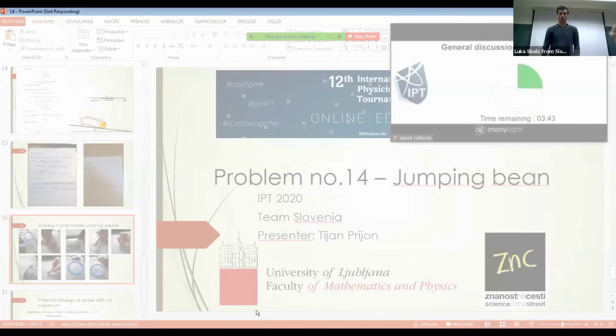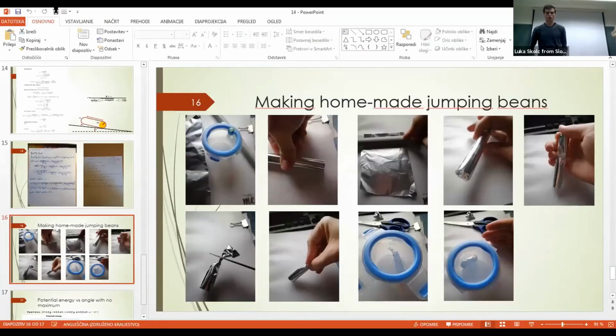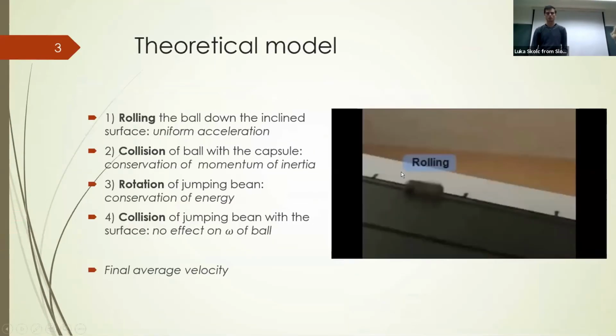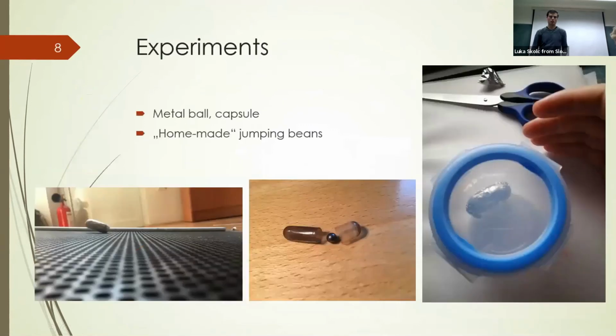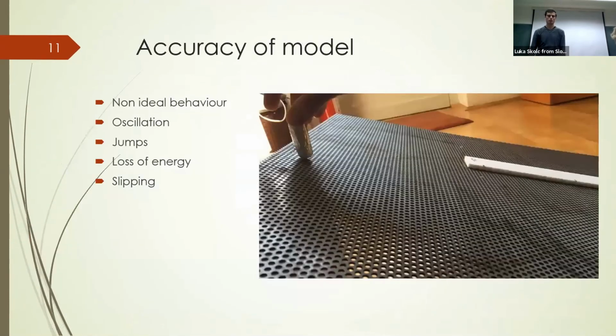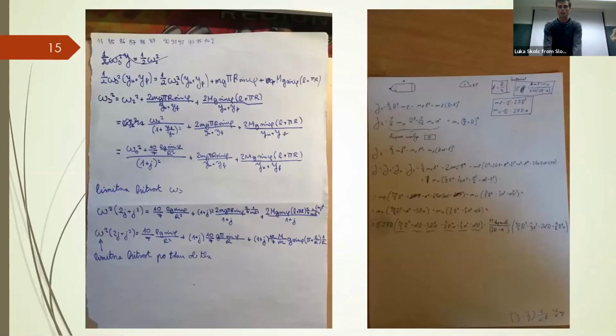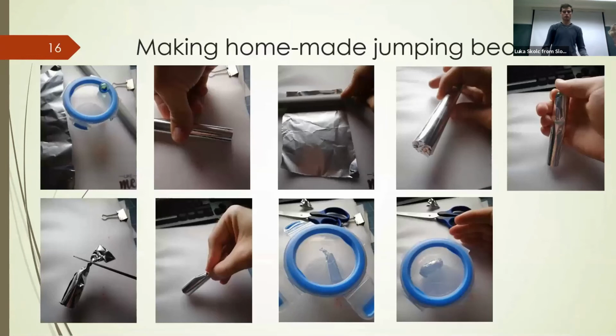I think our PowerPoint stopped working. Okay, so here's a picture of our homemade beans, and I think the error from the inhomogeneity in their shell is not that problematic. I think there are a lot of different aspects of errors and non-ideal behavior that we faced, and this is not the most problematic one.